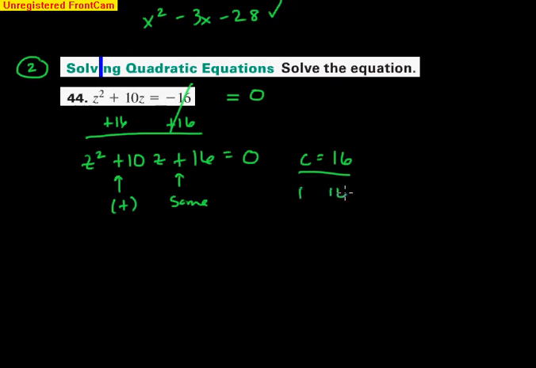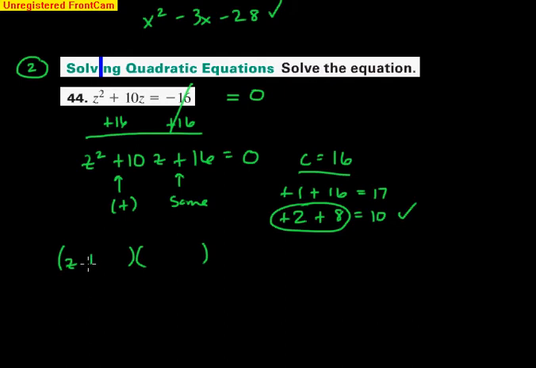Factors of 16 are 1 and 16. Plus and plus, that is 17. I'm looking for 10. That doesn't work. 2 and 8. Plus and plus, there's my 10. Hey, I got it. So here are my two numbers. So in my two parentheses, go z plus 2 and z plus 8.